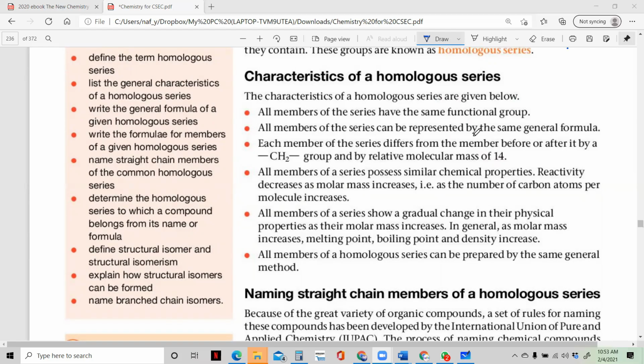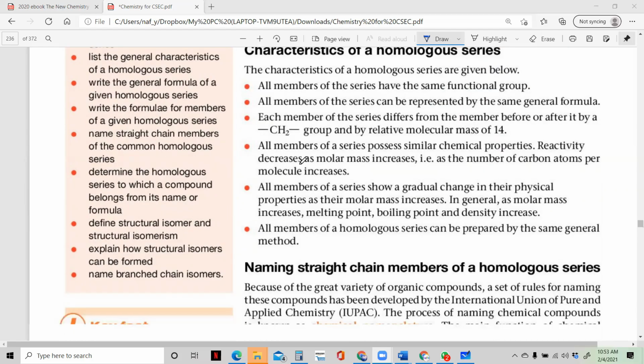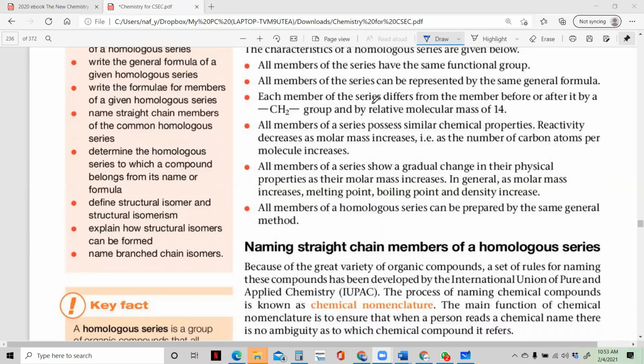And that's what we're going to look at in a minute. It says each member of the series differs from the member before or after by a CH2 group. So it's like us saying you differ by plus or minus one. They are differing by CH2, a carbon and 2 hydrogen atoms.